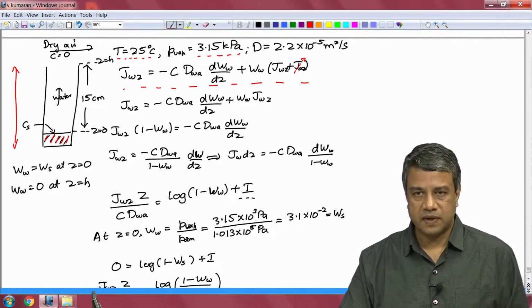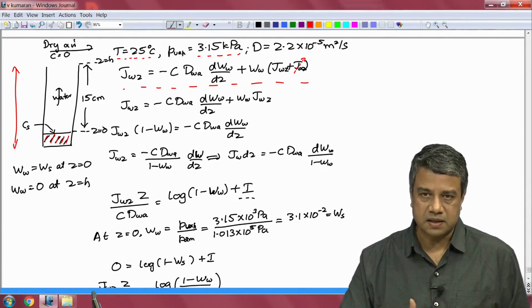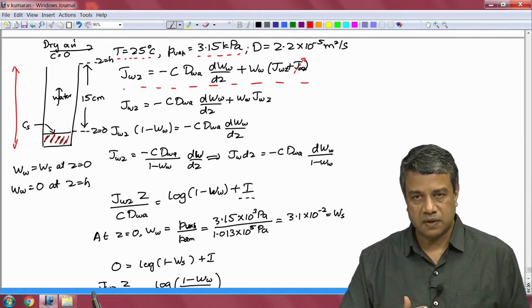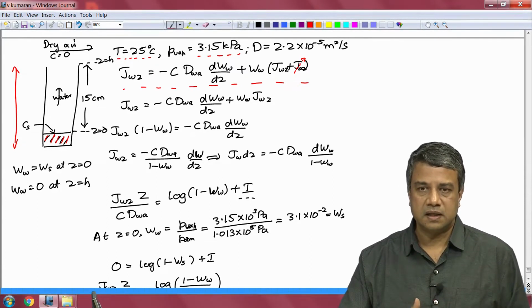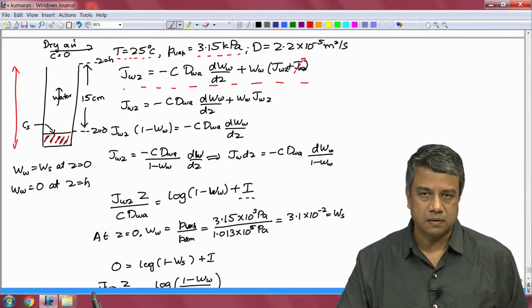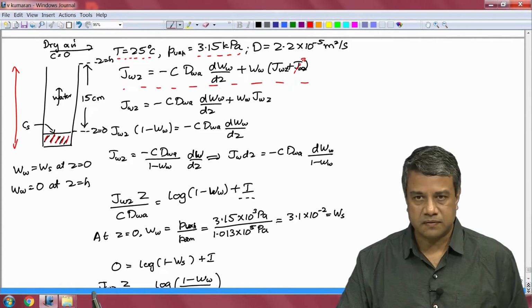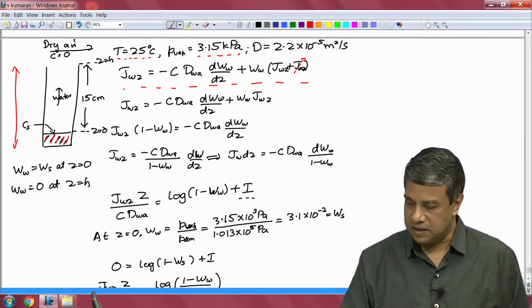Consequently, the volume of air that has to come in to replace the liquid water per unit time is much smaller than the volume of the water vapor that is coming out per unit time. And if you neglect the decrease in the height of the water surface, because the volume of water is much smaller than the volume of the vapor, then the flux of air is equal to 0.